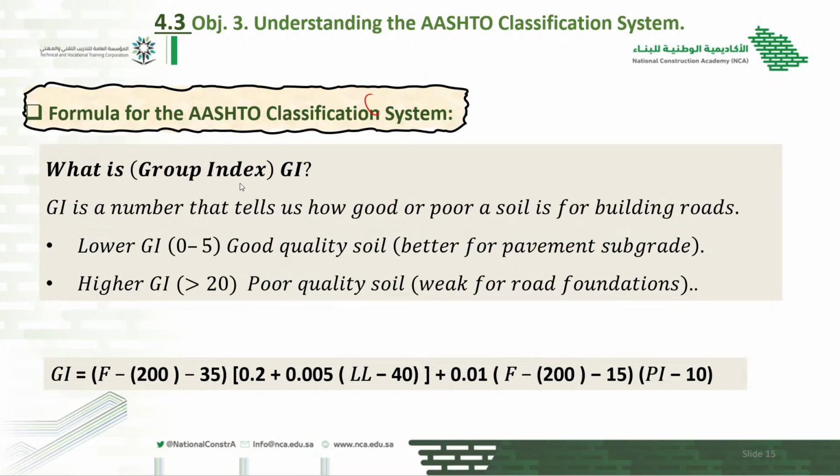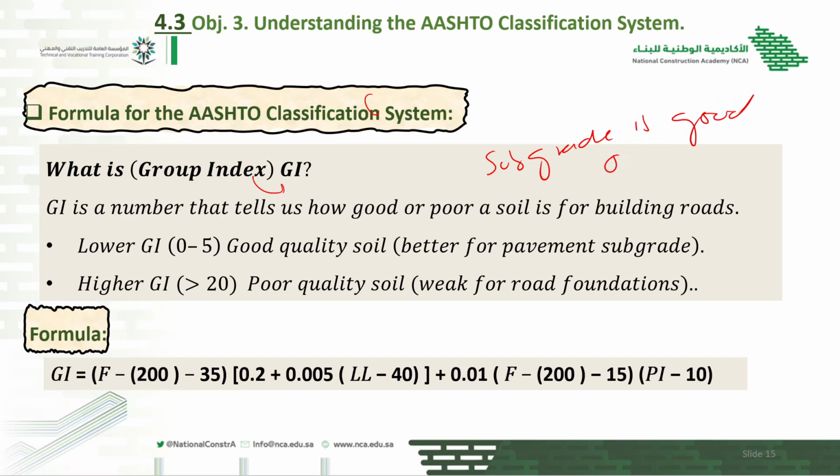Now there is one term, the group index, which is represented by GI. What does it mean? It is a number, or index, which tells us how good or bad the subgrade is. In simple words, it tells us about the property of the subgrade soil.